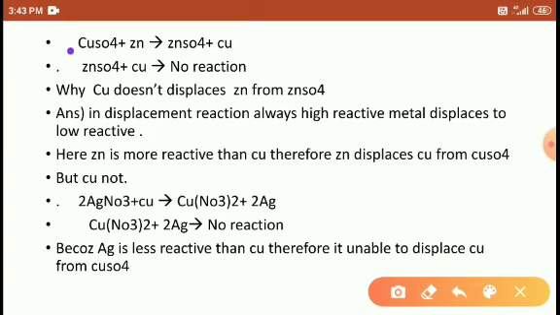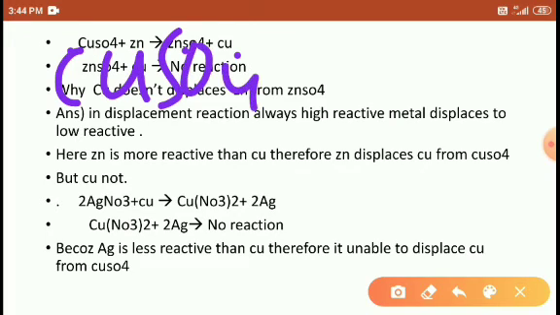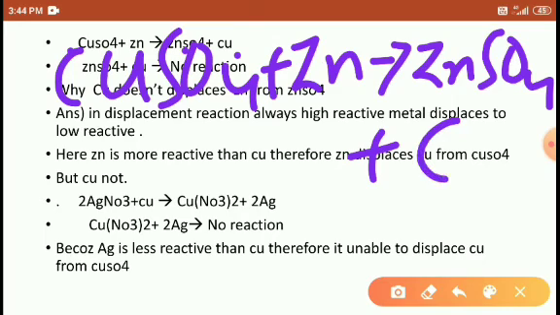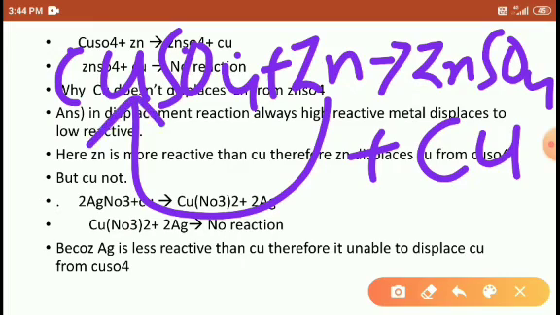So we get the example here, students. Copper sulfate reacts with zinc to form zinc sulfate and copper. CuSO4 reacts with zinc to form ZnSO4 plus Cu. So it means the Zn replaces the copper here.